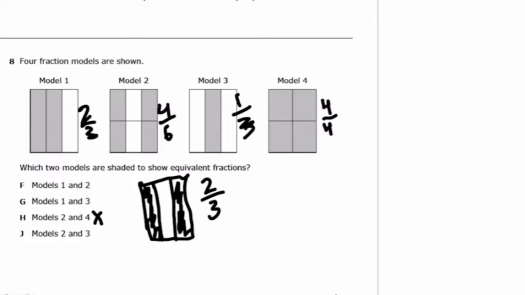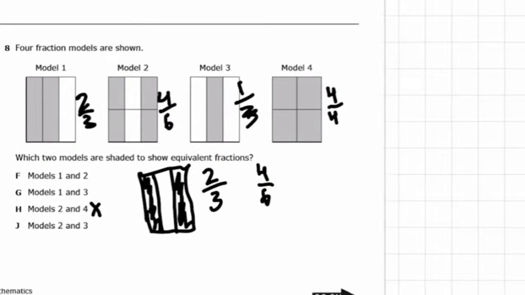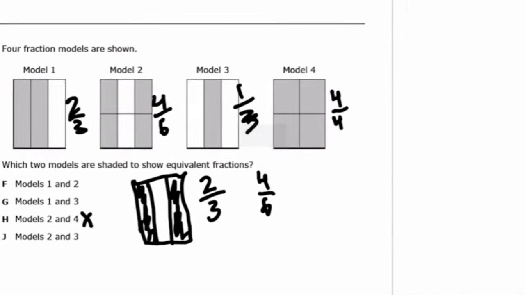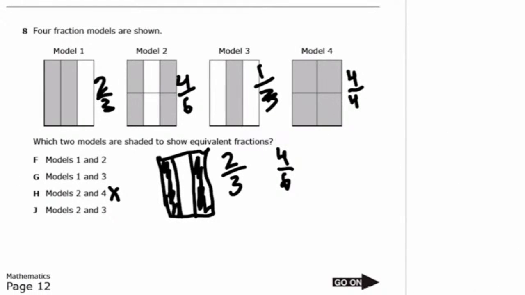Now another way to think about this is that if you take this 4/6 right here, you can see in both the numerator and denominator, you can divide by the number 2. So if we divide that by 2, divide it by 2, that is 2 over 3.